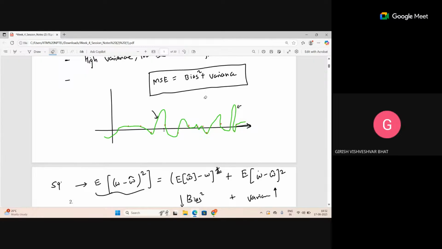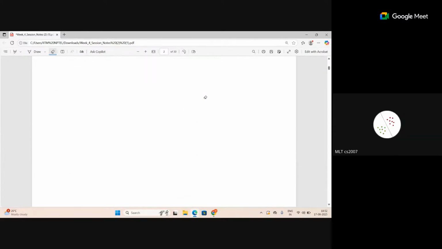Fine. So underfitting, in simple terms, is high bias and low variance, where you use a much simpler model. The model complexity is very low in this case, which might not be suited for your data set.